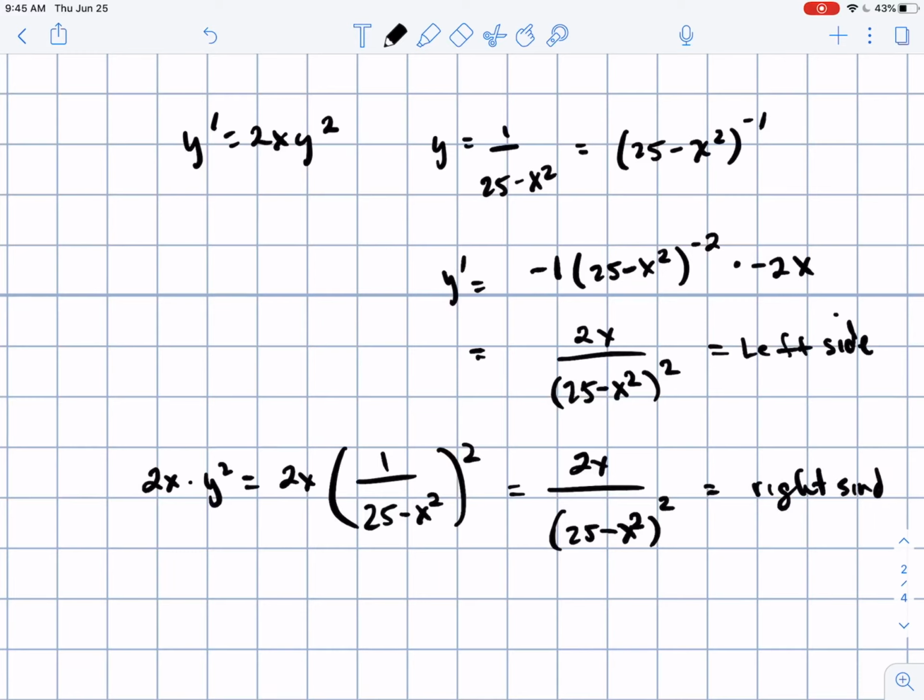Okay, so left side's equal to the right side. So we verify that that is true.